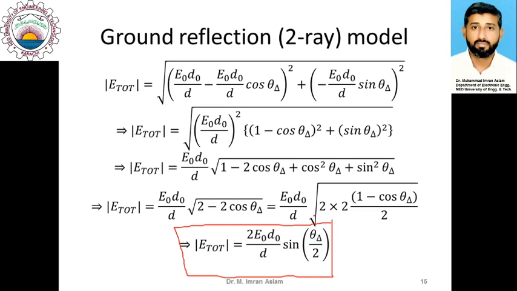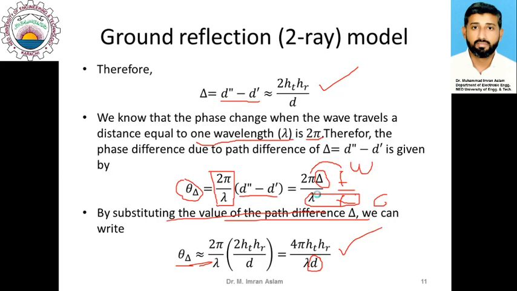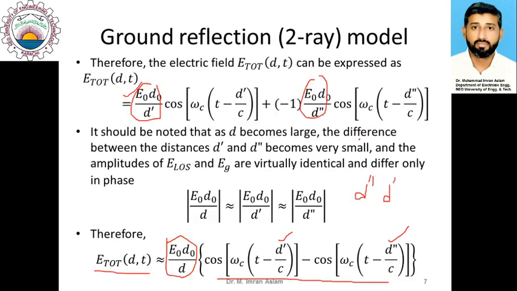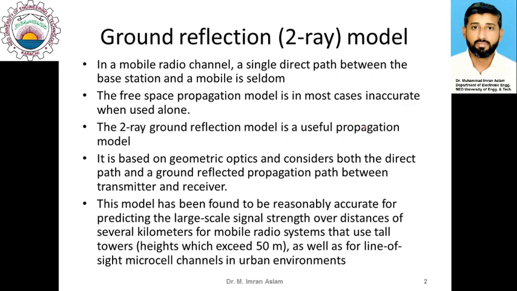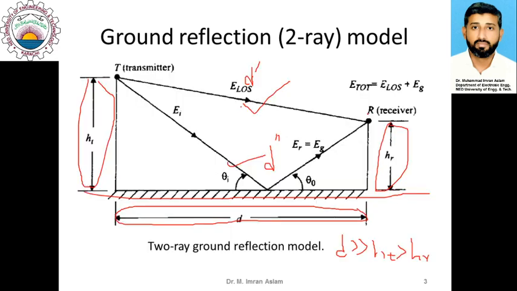Actually, these two fields which you see in the original model here would be arriving with a phase difference. So whenever there is a phase difference of 180 degrees, you would expect a destructive interference, and whenever the phase difference is 0 degrees, you would expect a constructive interference in these two waves.